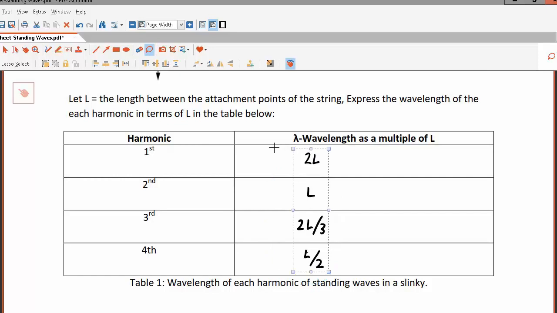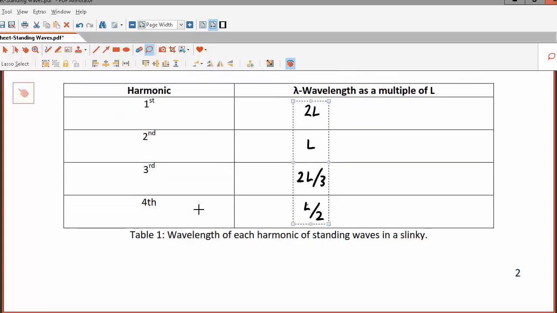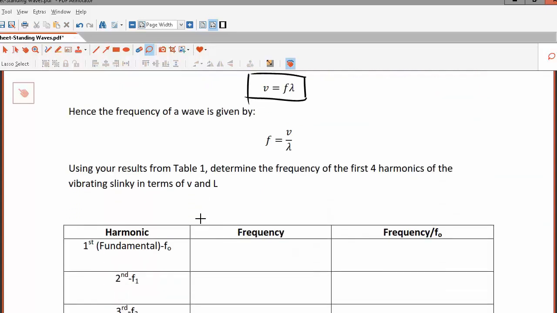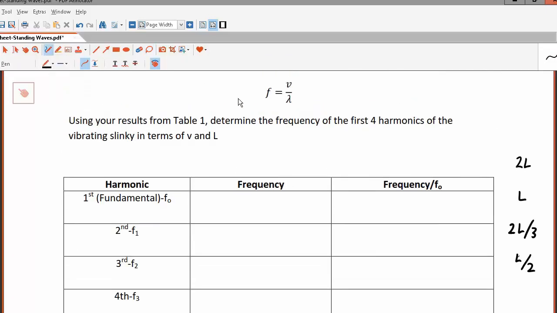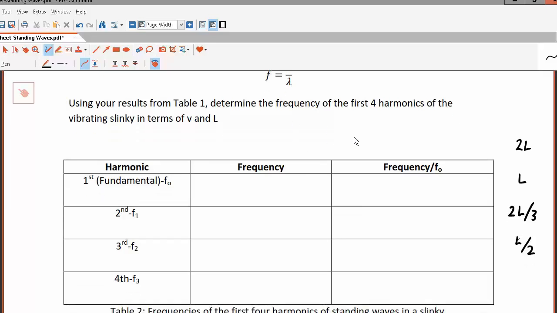If we take v and divide by this quantity, we will get the frequencies. So I'm going to copy the wavelengths and put them off to the side here so I can refer to them. This is lambda. In order to calculate the frequency, we need to calculate v over lambda. So the frequency here would be v over 2L, because lambda is 2L.